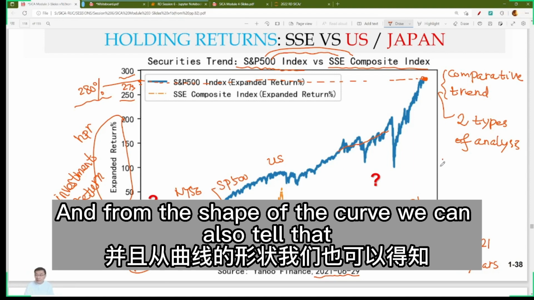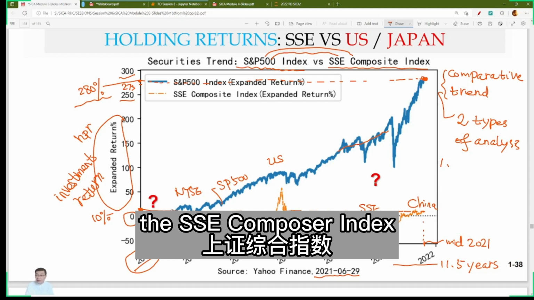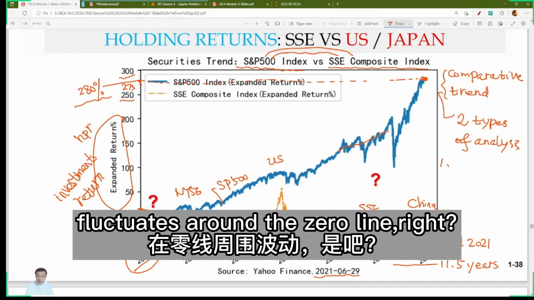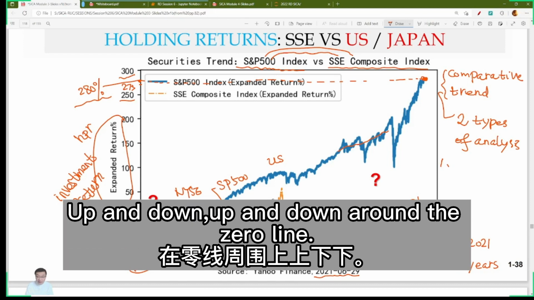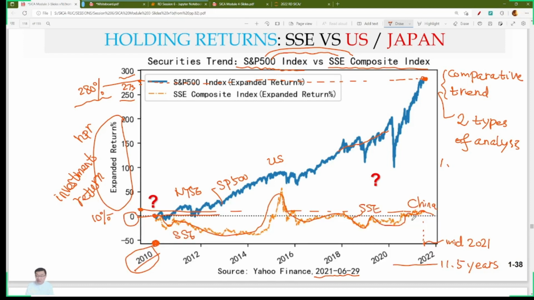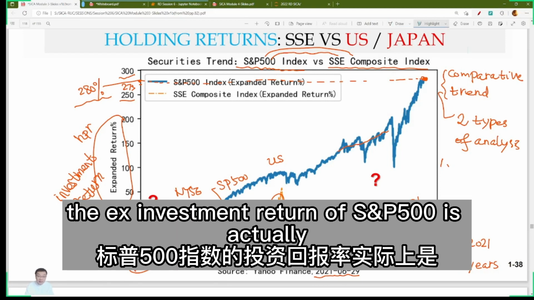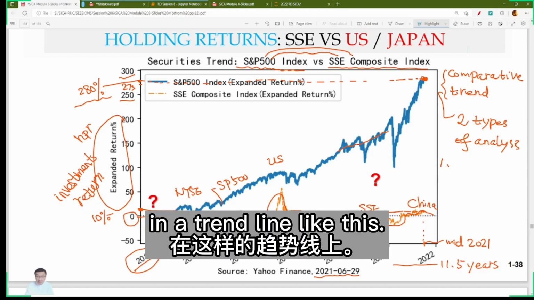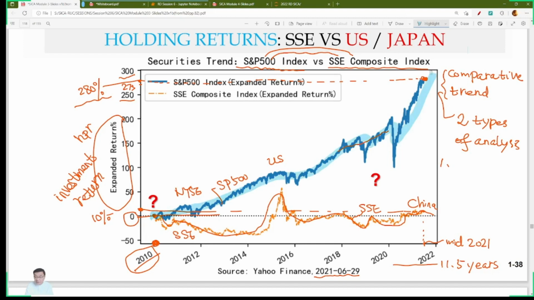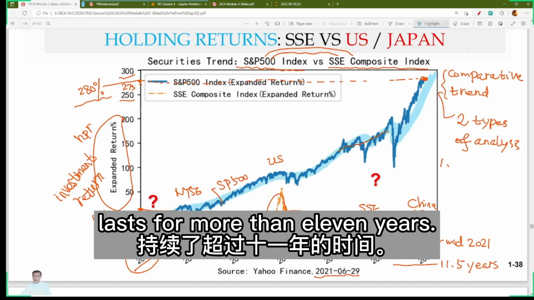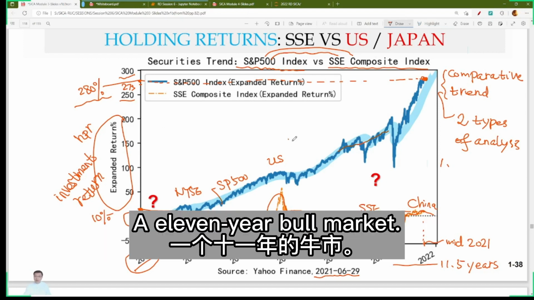And from the shape of the curve, we can also tell that the SSE Composite Index fluctuates around the zero line, right? Up and down around the zero line. And for the past 11 years, the investment return of Standard & Poor's 500 is actually in a trend line like this. It's a bull market that lasts for more than 11 years, an 11-year bull market.